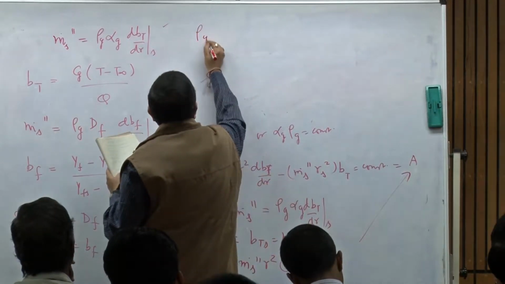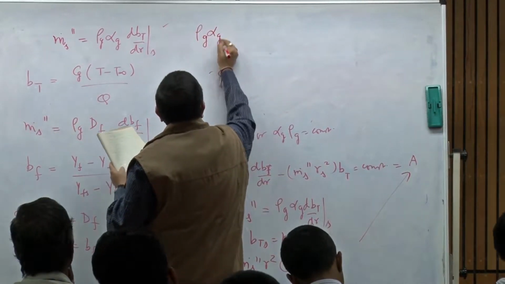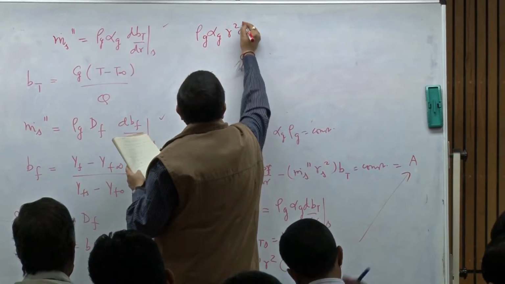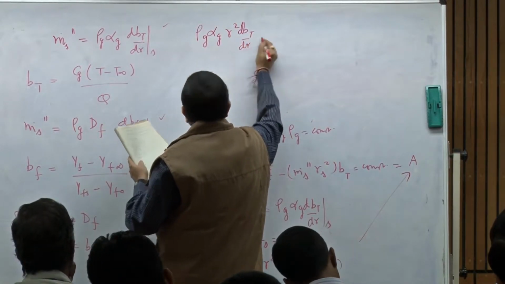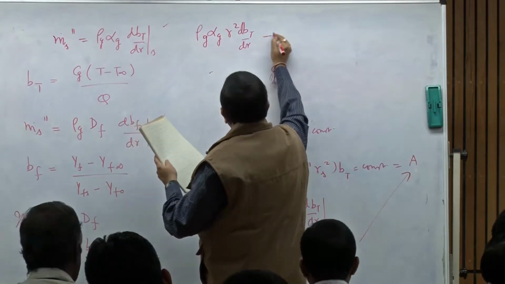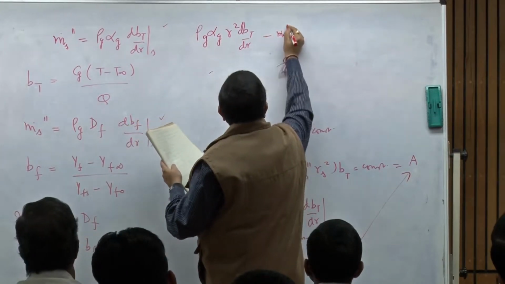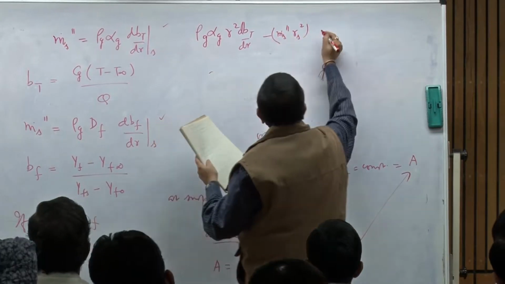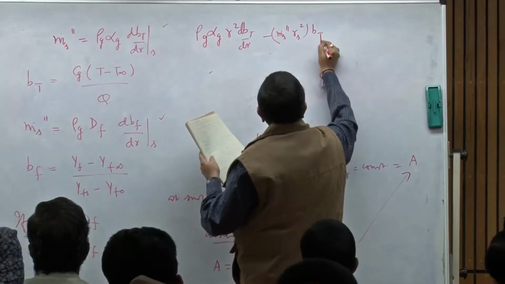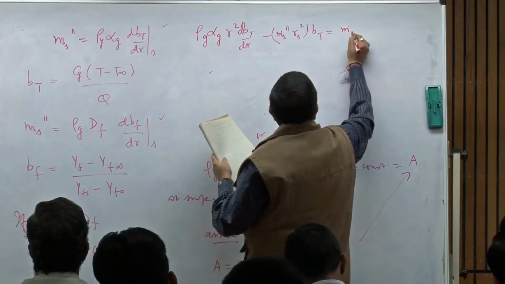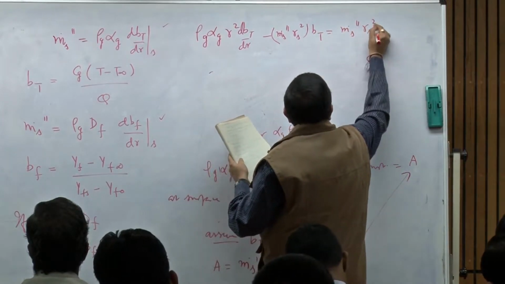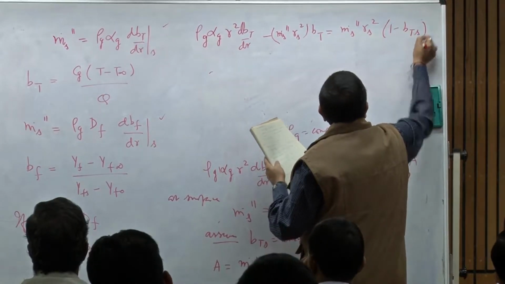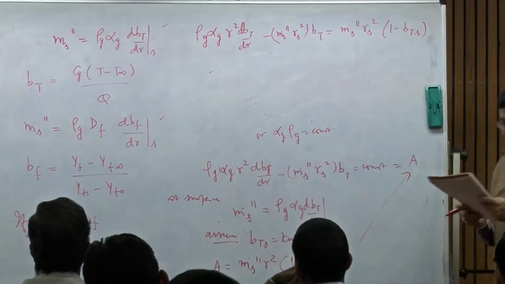So, we get rho g alpha g r square d B t d r minus, okay.